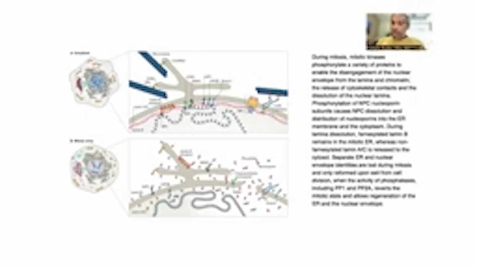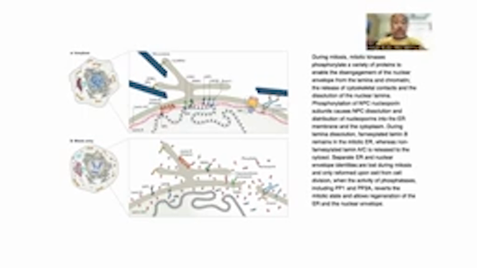So during mitosis, various mitotic kinases phosphorylate a variety of proteins to enable the disengagement of the nuclear envelope from the lamina. The lamina that is lying underneath, which is holding this entire architecture, disengages from the nuclear envelope.